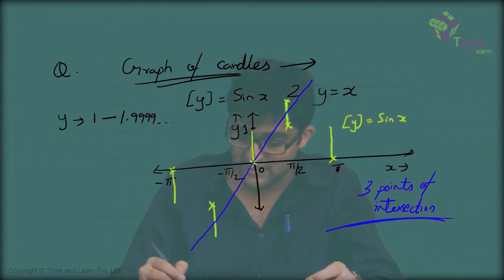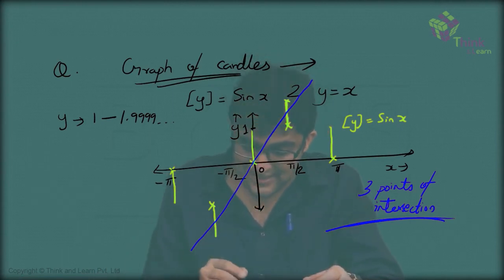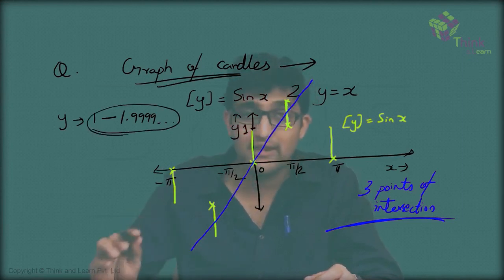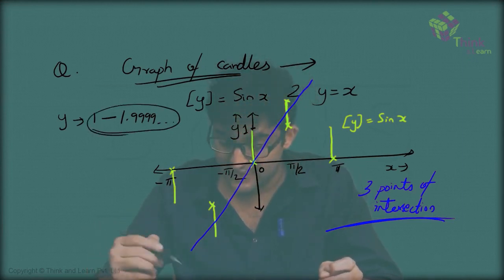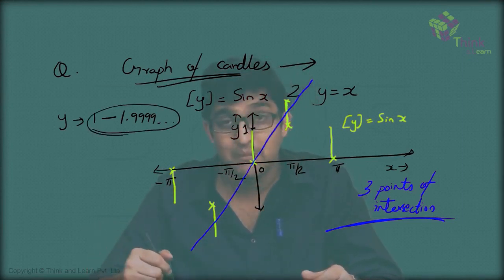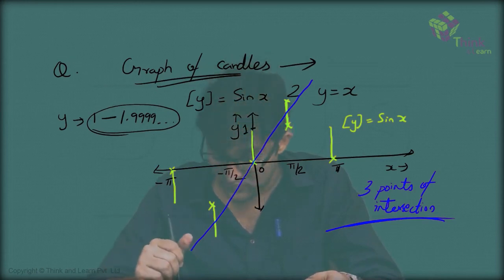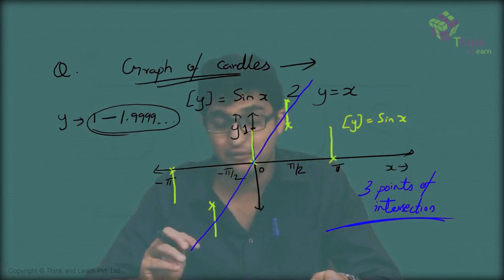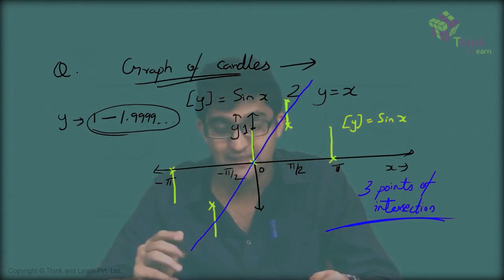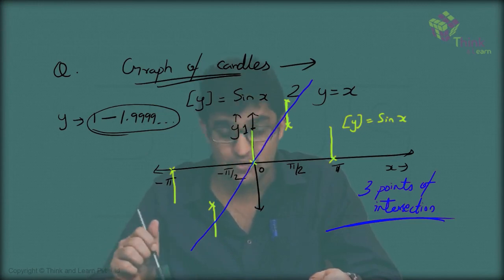Important point to notice here is only this: when y takes all values from 1 to 1.999, sine can be pi by 2. So this value can take all these things. So rather than a point, this works out to be a vertical line, right? And that is the reason why we get candlestick in the answer.